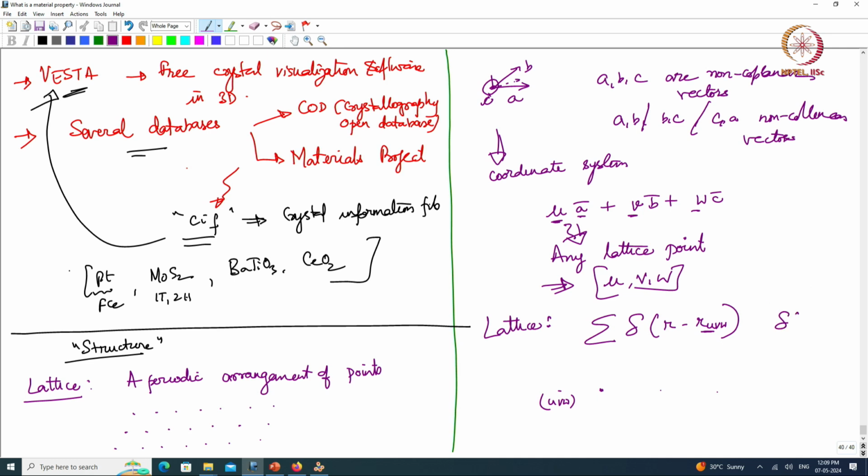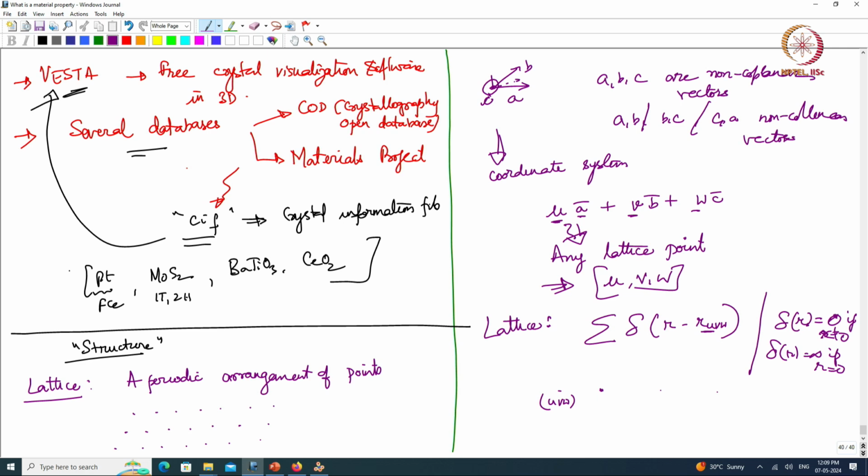So, delta of r is 0 if r is not equal to 0, and delta of r is infinite if r is equal to 0. So, that is a delta function: you have infinite intensity at that point and when you move away from the point, you have nothing.